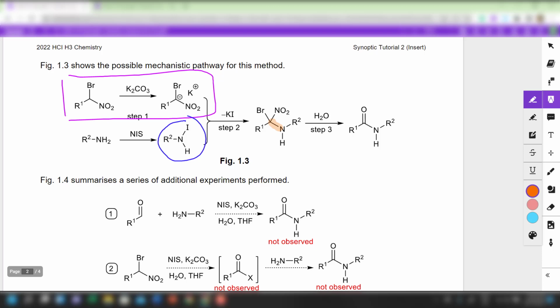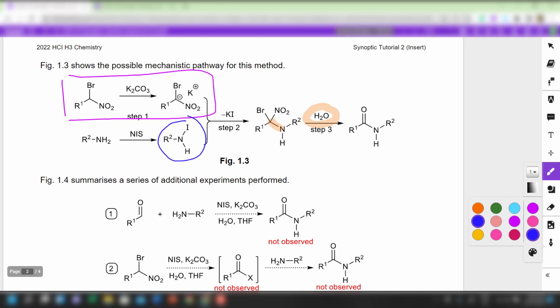Okay, and then after that, when water is applied to the system, you'll notice that eventually the amide is formed. Okay, so whether you are asked to draw the mechanism or not, this is not important.